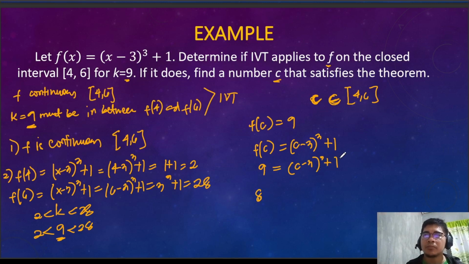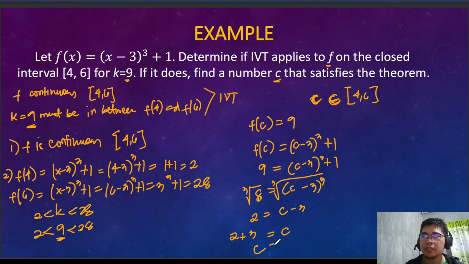Using the subtraction property of equality, we got 9 minus 1, which is 8. The remaining here is only the cube root of c minus 3. And then, we can remove that cube root by cubing, so we get 2 cubed equals c minus 3. Add 3 here, and we have c. Therefore, our c is equivalent to 5.